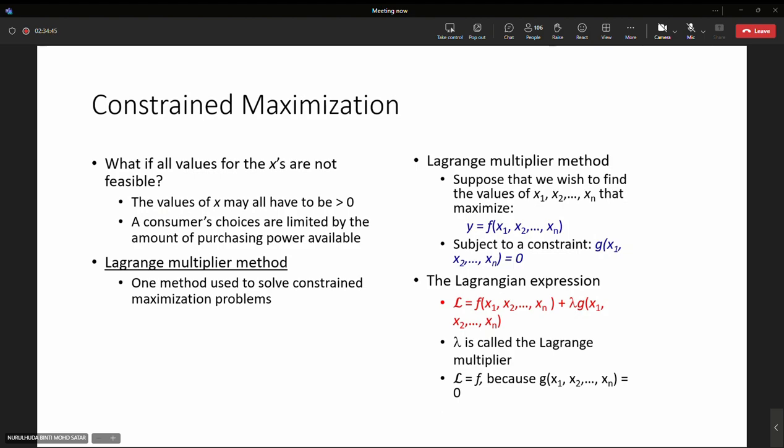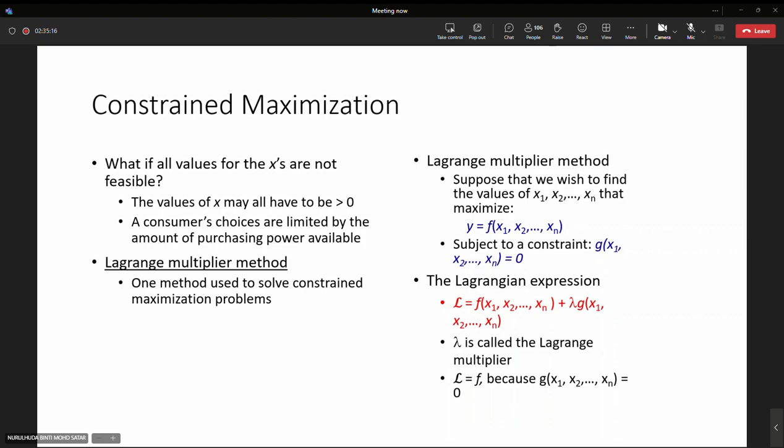Now, in looking at the consumer optimization problem, as an example, like the first paper that we saw just now, the consumer's utility, a function of consumption and other things, is maximized subject to a certain constraint.